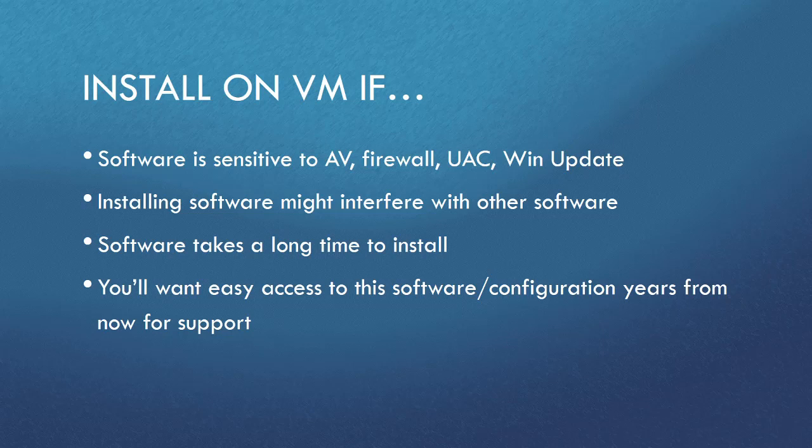Now, there's another piece to this. I've found some pieces of software don't play nicely with other pieces of software, and that's a perfect example of something that you should put on your virtual machine because you can take a snapshot before you install that software, just in case it breaks anything. You can always go back. Better yet, you can have a snapshot before you install some of your sensitive software, so you can go back to that, let's say, blank copy of Windows and branch off of that.